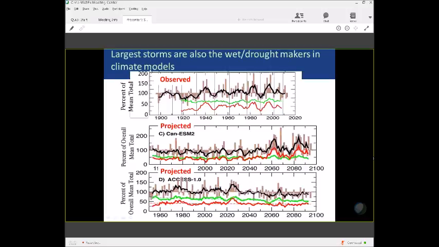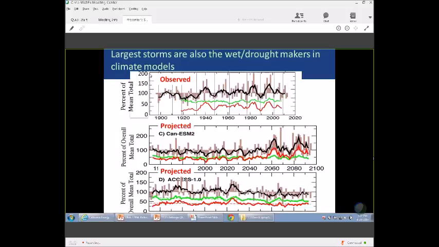Okay, so the upper diagram here is basically the same as the second slide I showed you, the observed total precipitation. Red is the largest storms' contribution, and green is everything else.